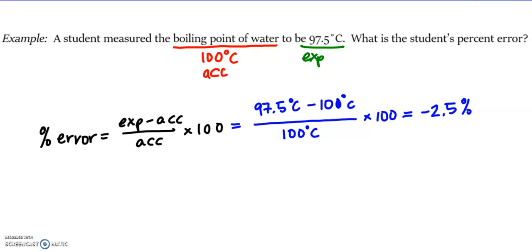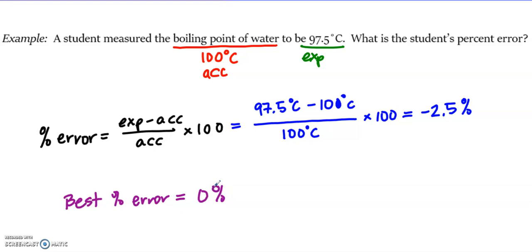So one last thing to note is, what is the best percent error? What does that mean? Well, negative 2.5% is your error. That means you have very little error. The best percent error would be 0%. Is that always possible?